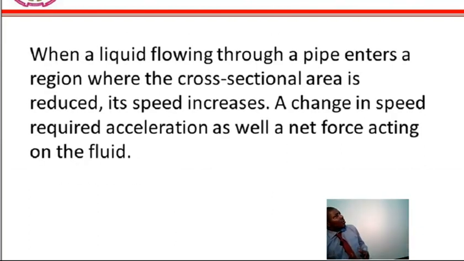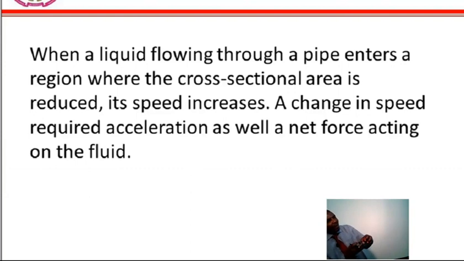When a liquid flowing through a pipe enters a region where the cross-sectional area is reduced, its speed increases, and that is what Bernoulli's equation explains. When there is a reduction in the flow path or the cross-sectional area, then its speed increases. Take for instance a water tap.